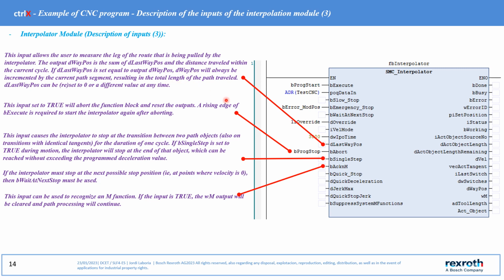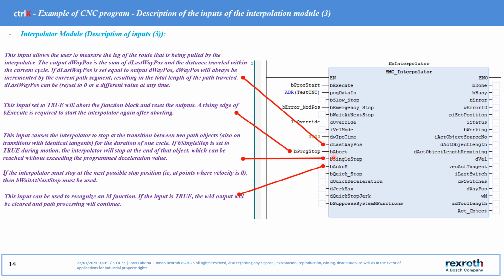If the last Y pose is set equal to output dy pose, dy pose will always be incremented by the current path segment, resulting in the total length of the path traveled. The last Y pose can be reset to 0 or a different value at any time.